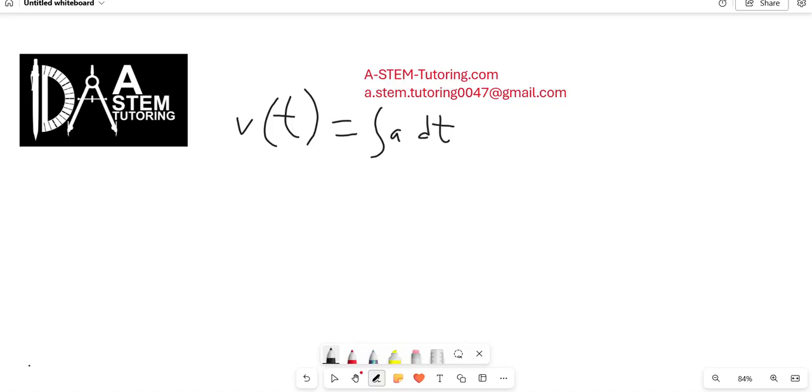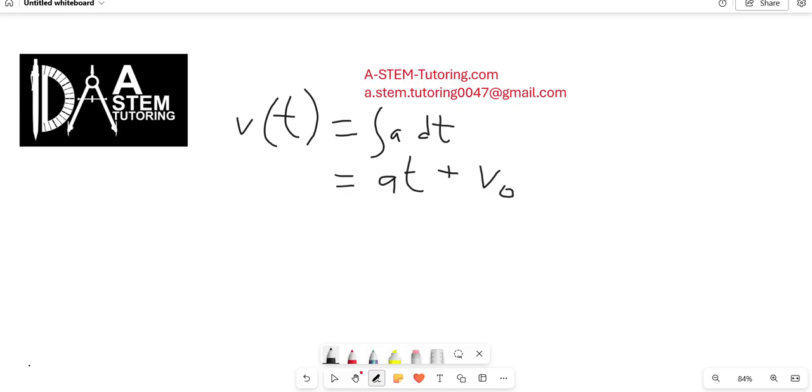If we integrate this with respect to t, then we get a(t) plus c, the constant of integration. But in this case, the constant of integration must be the initial velocity. We'll call that v naught, v subscript 0.